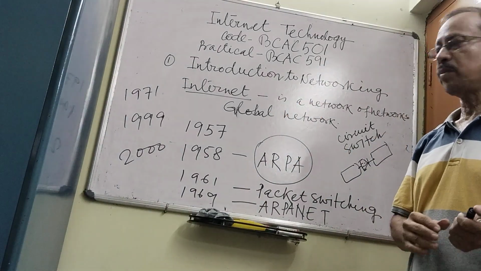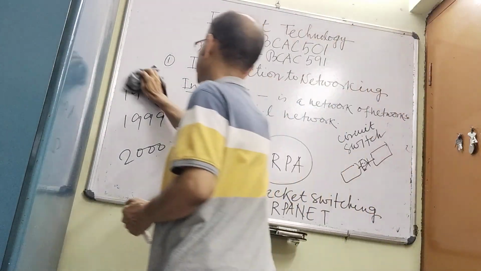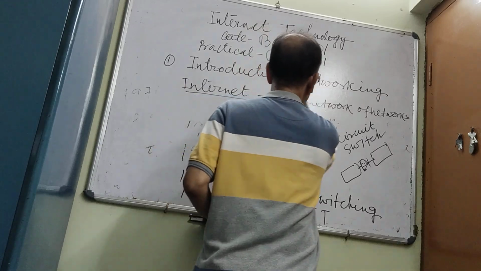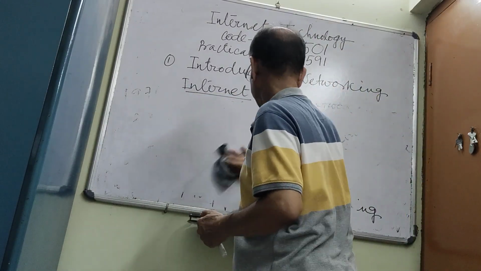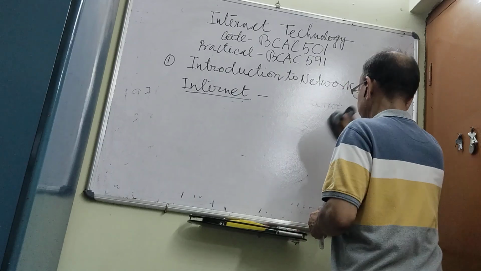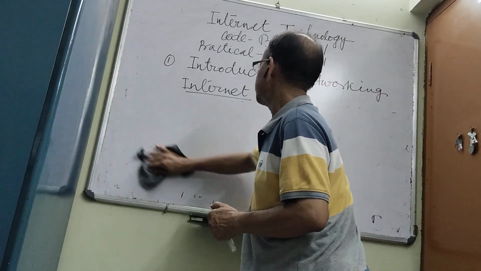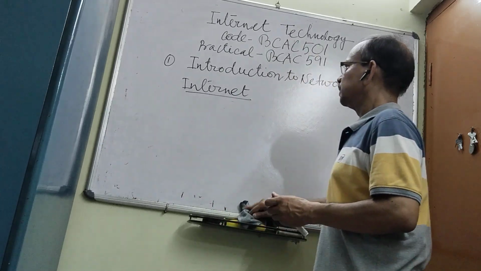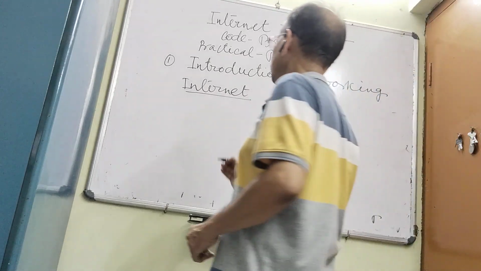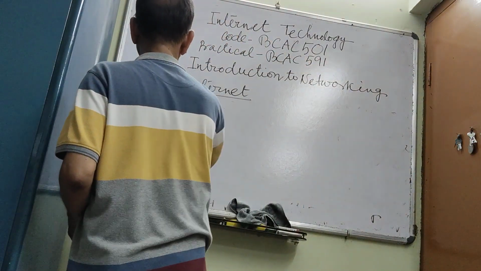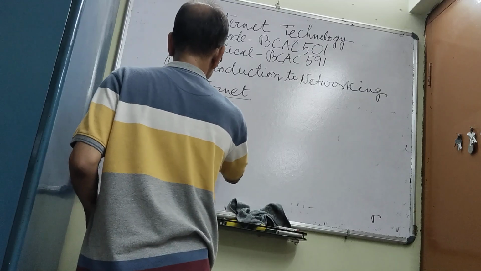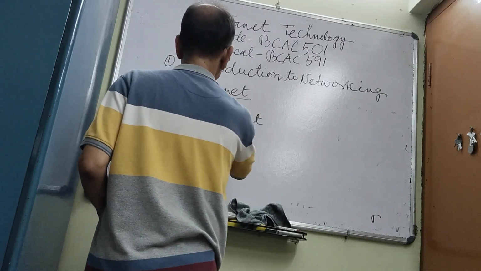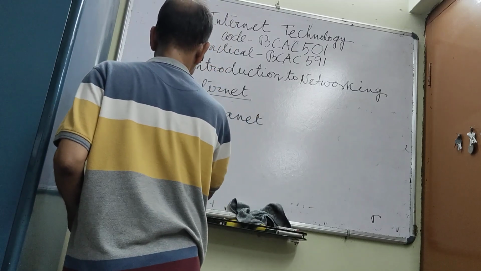What are the three things? One is the internet, number two is the intranet, and number three is the extranet.